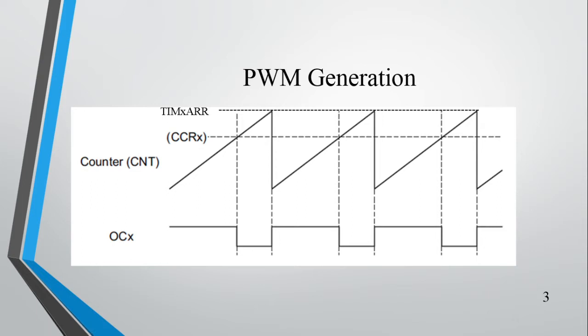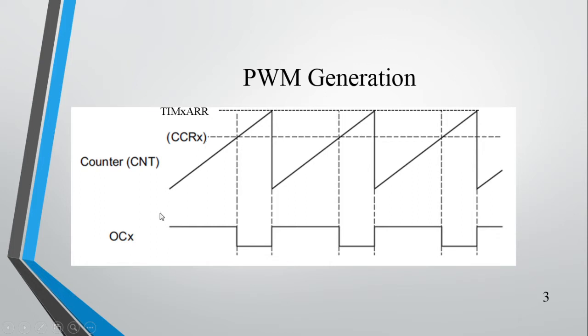So here duty cycle is nothing but the on time of the time period. The duty cycle value we are storing in a register known as the timer capture compare register, CCR. So whenever the timer value is reaching the capture compare register, let us take this is a PWM which is being generated, and PWM is generated in a pin known as OCX.